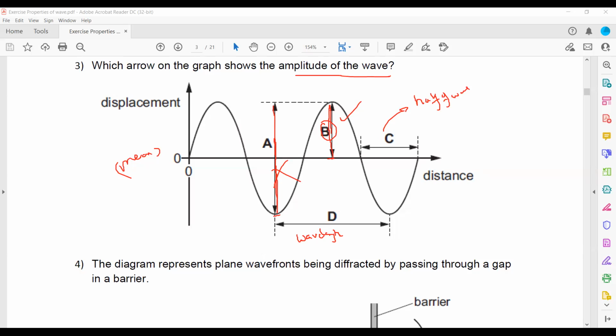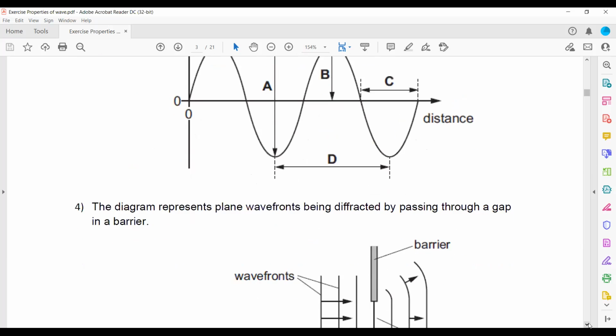So that's why B is the answer. The next one.